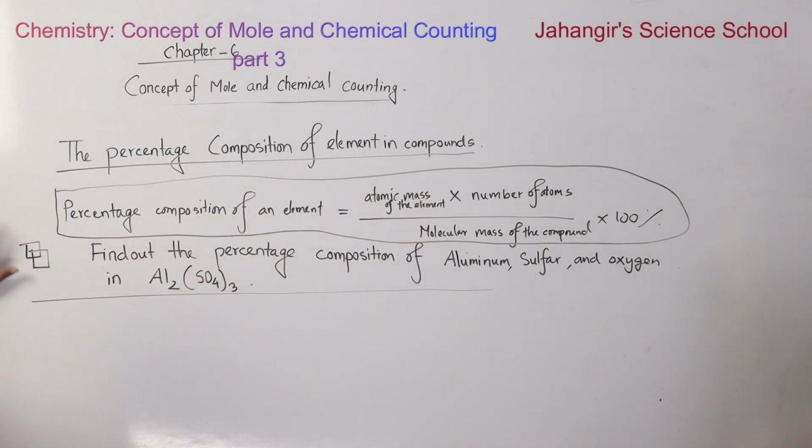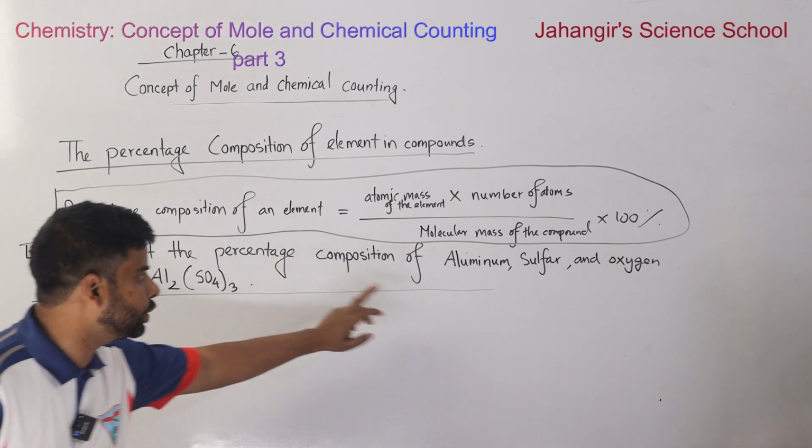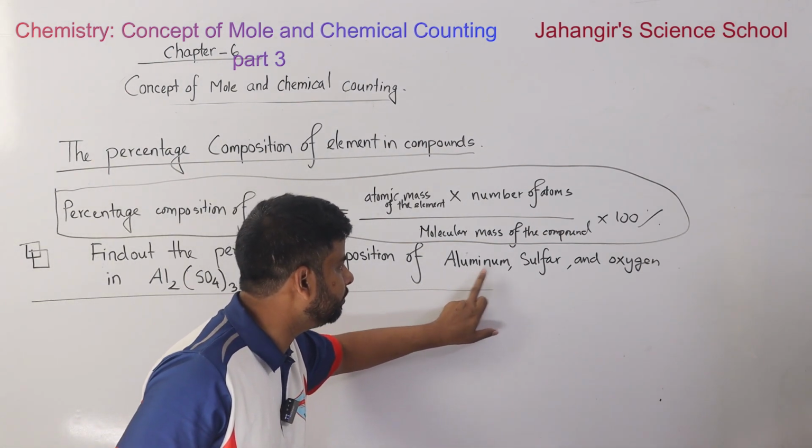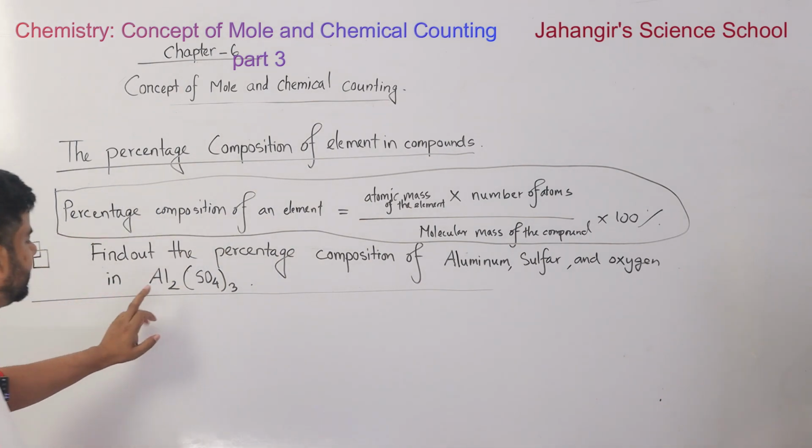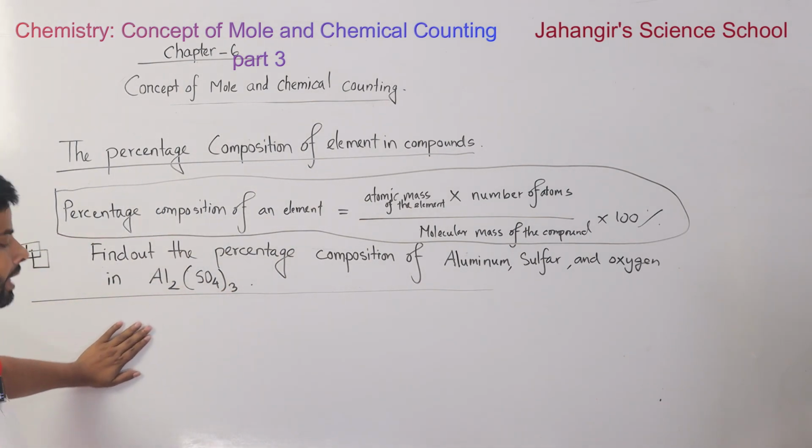Now we want to find the percentage composition of aluminium, sulfur and oxygen in aluminium sulfate.